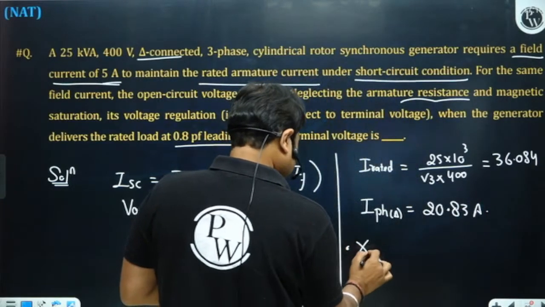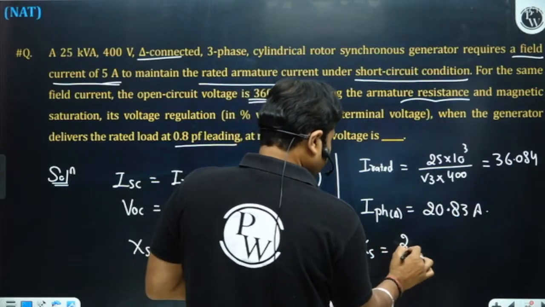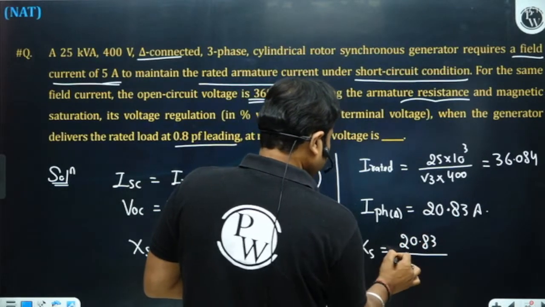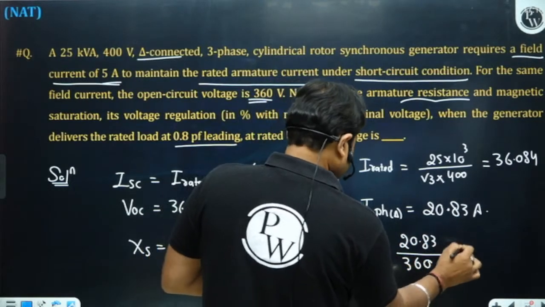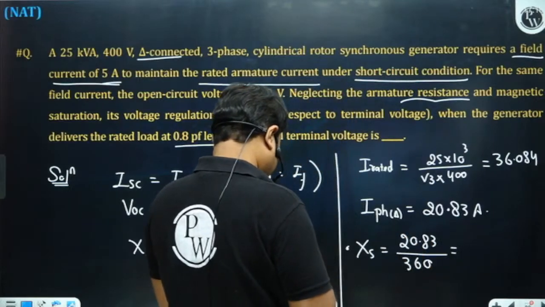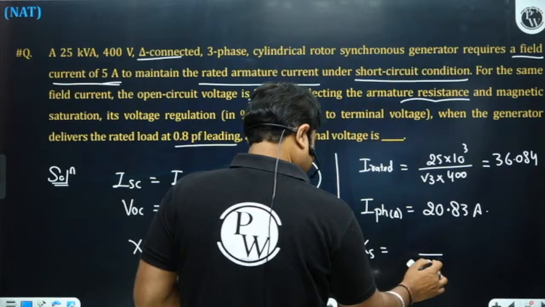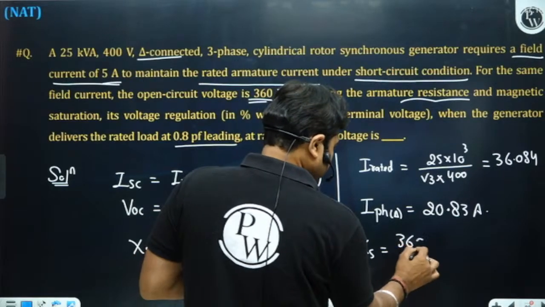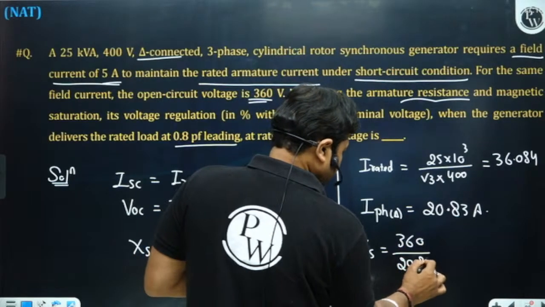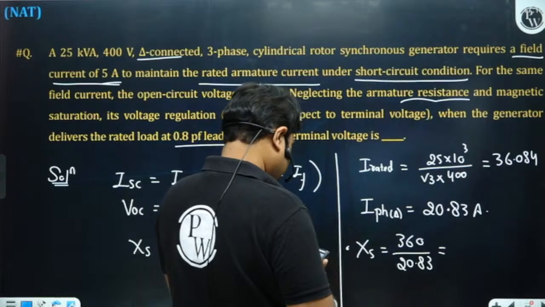Now we have excess in ohms: 360 divided by 20.83, so 17.32 ohm.